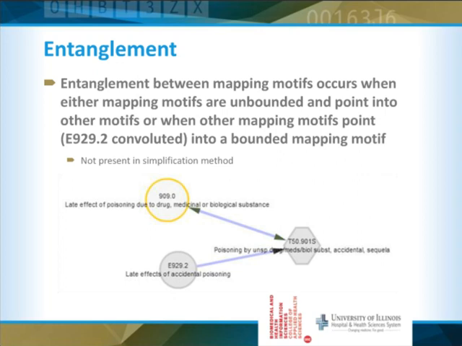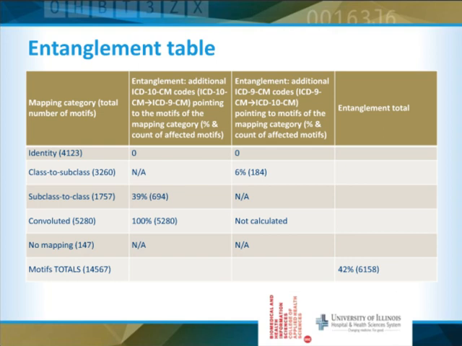So one example of a very complex code, E929.2, is a convoluted code, but when you're probing 909.0, it's actually a class to subclass. So we're only representing a single ICD-9 code, not the overall full network. And so when you actually look for all the complications, for the concept of entanglement where things are really tied up into a big web, the true number is 42%.